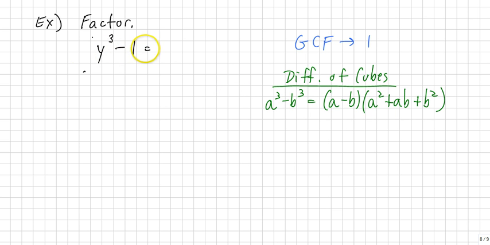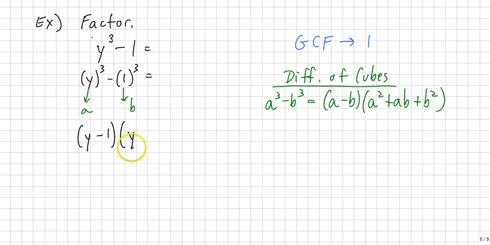This will equal y cubed minus 1 cubed. And then this will be our a, and this will be our b for our little formula. And then we'll just use our difference of cubes here, and we'll have a minus b times a squared plus ab plus b squared.